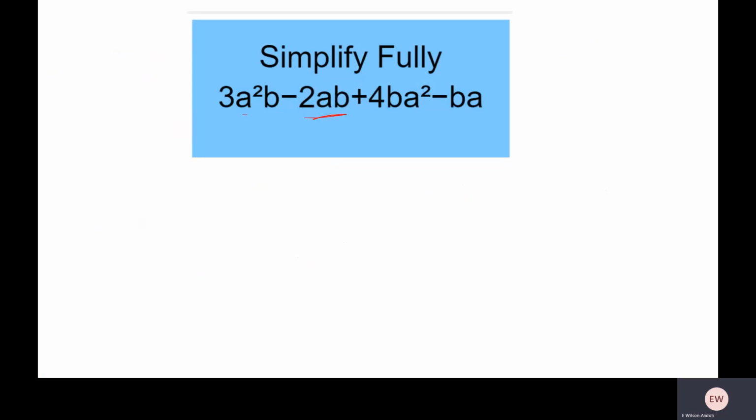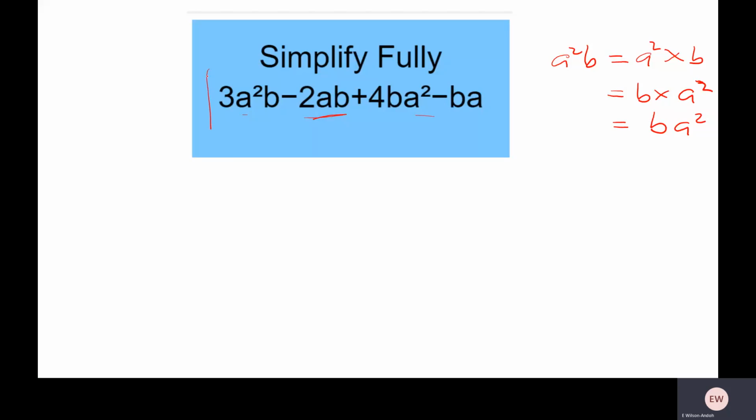Now, one thing we have to note is that a squared b is the same as a squared times b, and multiplication is commutative. So we can write this as b times a squared, which is the same as ba squared. So it tells us that this first term and the third term are like terms because they have the same variables with the same powers.